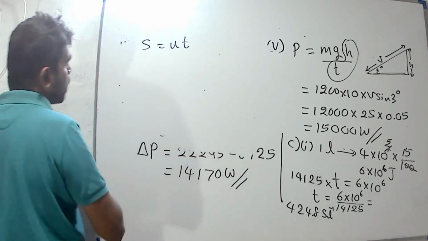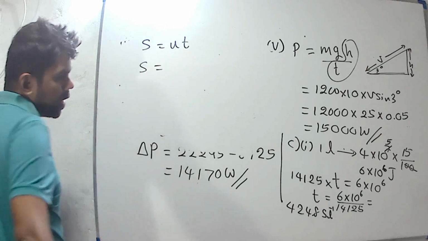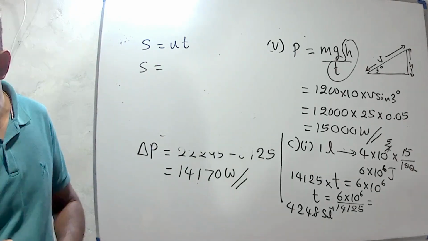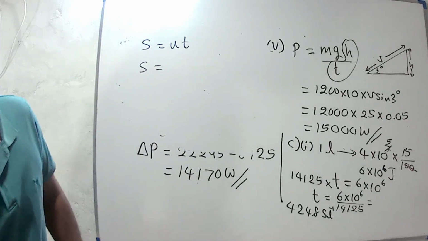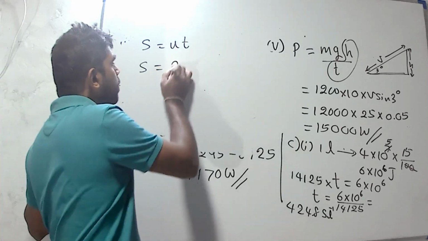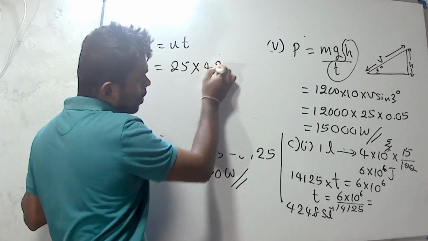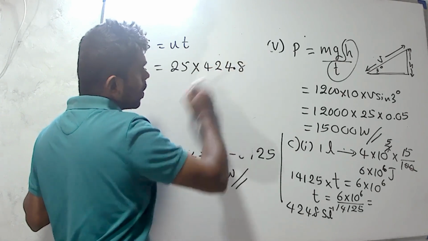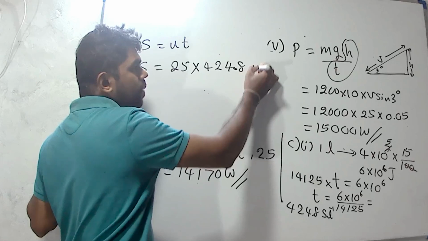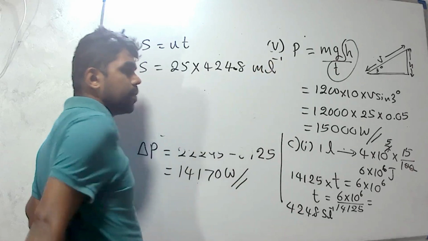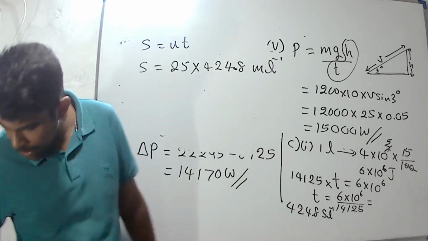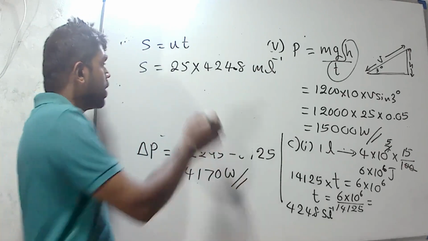Now I will use s equals ut to find the distance moved by the vehicle. We have to find the s value. u is the velocity, 25 meters per second. 25 into time is this value. This value is meters per liter. But we have to get it in kilometers per liter.